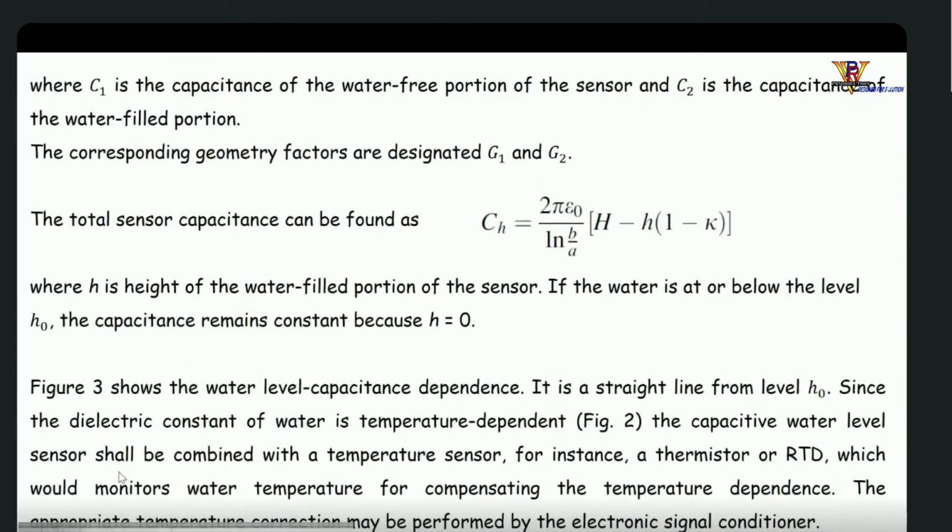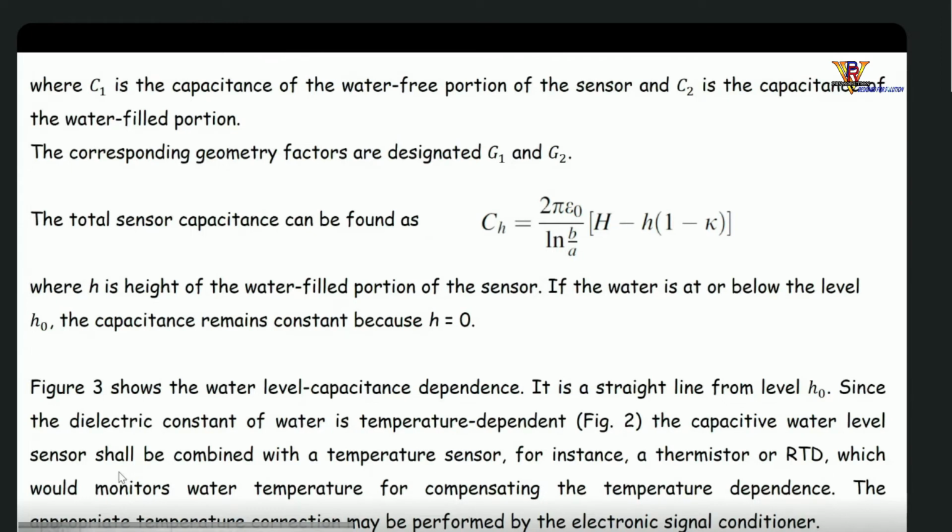Suppose we want to design a water level sensor based on the capacitance. But what happens? The tank is placed in an open area. Sunlight is coming to the tank directly. So still the capacitor will change with the water level, no doubt. But what happens when sunlight comes? The more intensity is present, the water heat or temperature will be different at different times.